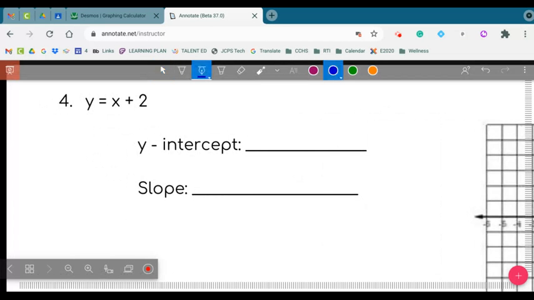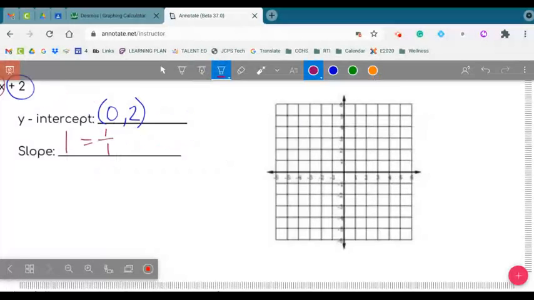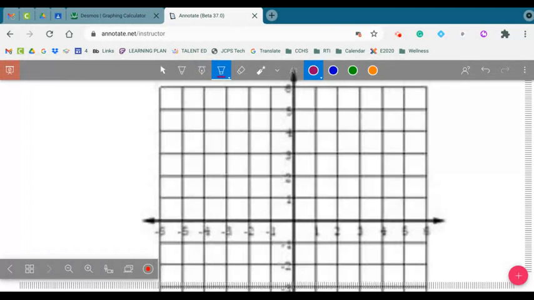So number 4, my y-intercept is 0, 2. And then my slope, the number in front of this x, is going to be a 1. So that means I rise 1, run 1. So I'm going to take 0, 2, plot that point, and then rise 1 over 1.